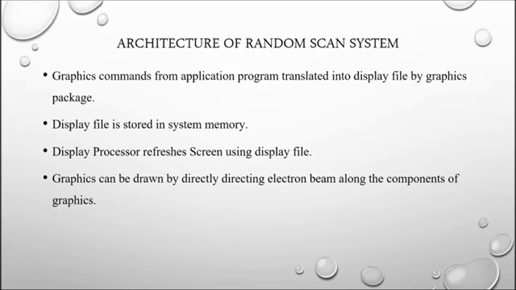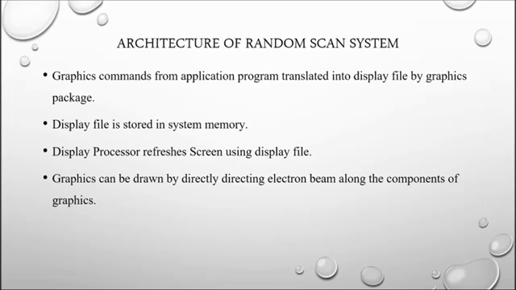In random scan display, it is based on graphics commands which are written somewhere as an application program, and those graphics commands from the application program are translated into a display file by the graphics package. This display file is stored in the system memory so that the display processor refreshes the screen using that display file.